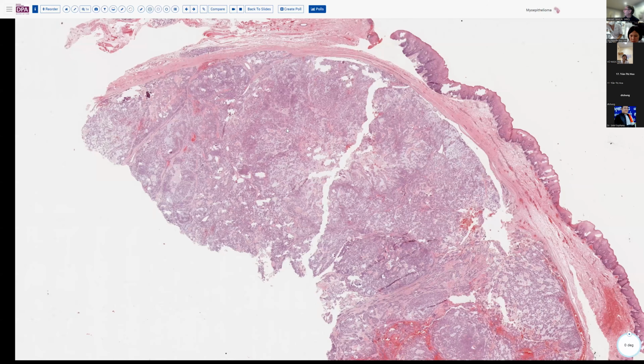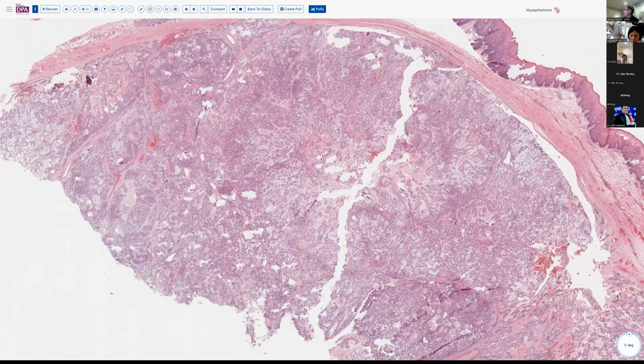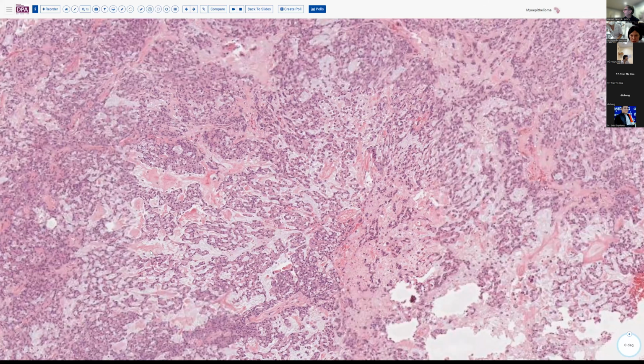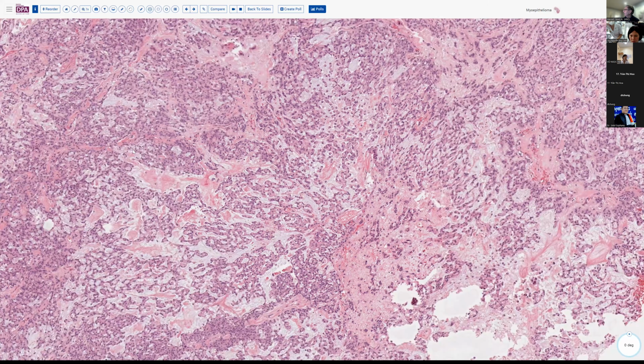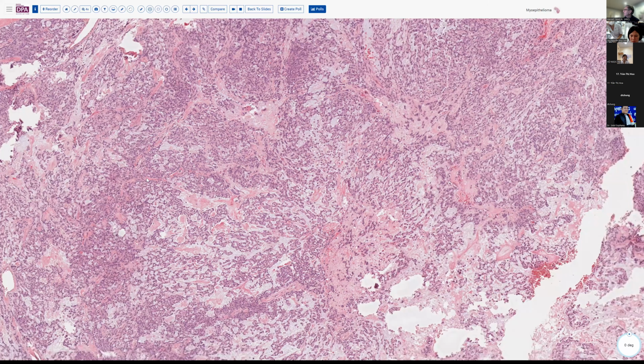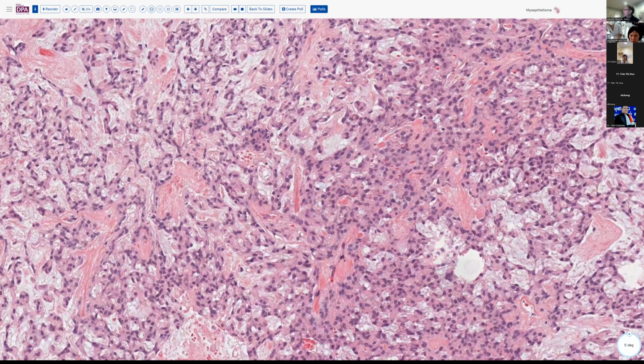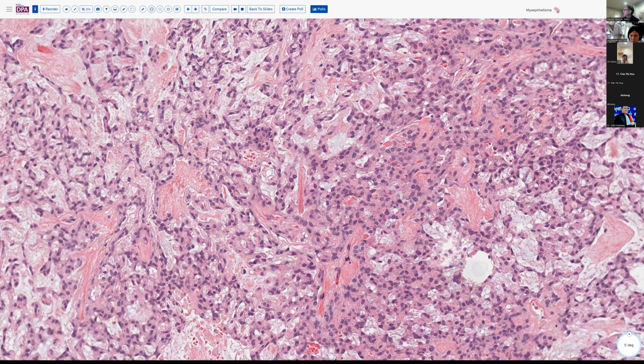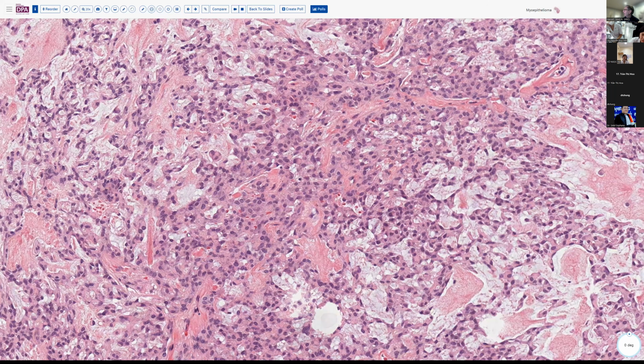And again, note we have this nice encapsulation, but here you can see a lot of this very myxoid and trabecular type of pattern in some of these areas, little strands of cells with quite a bit of this myxoid background. So when you see this myxoid type of a pattern, always consider myoepithelial lesions.